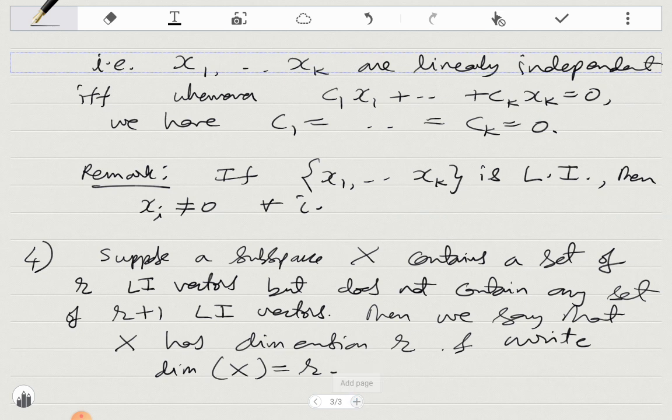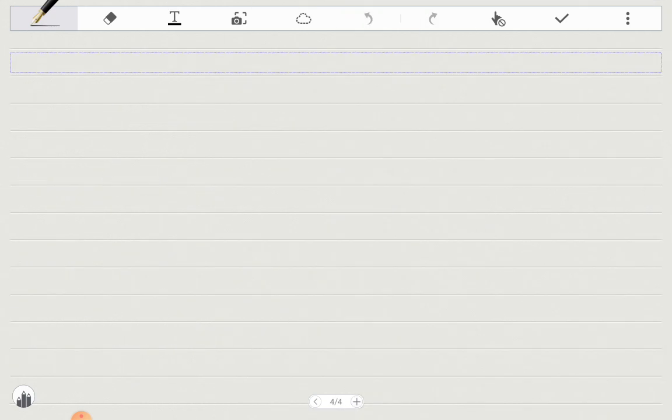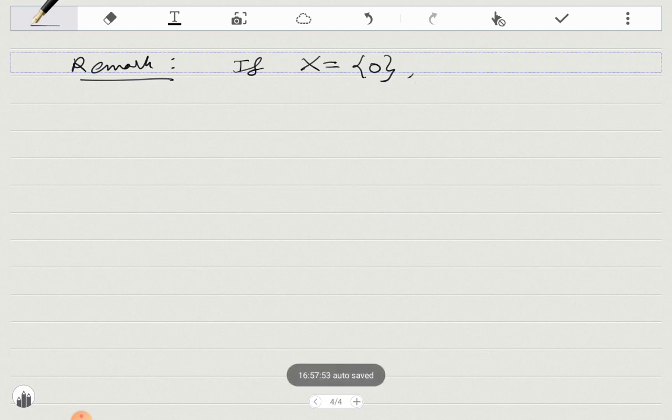As another remark, if X equals 0, this is a subspace by the definition, and if we go by the same definition of dimension, there are no linearly independent vectors in this subspace.